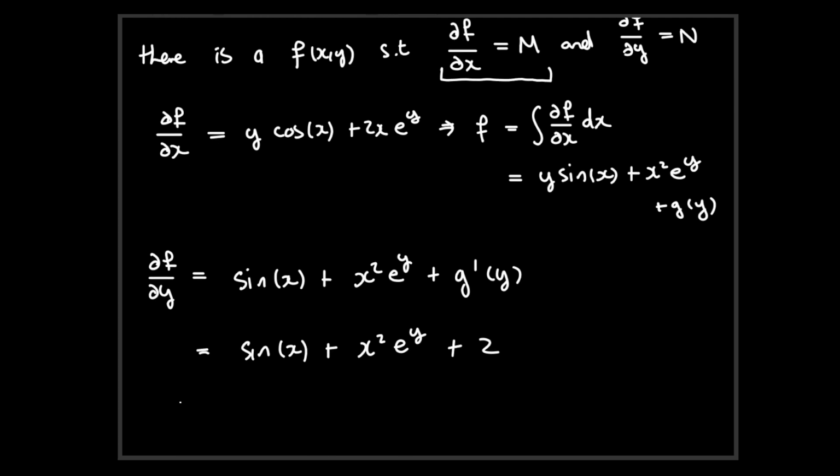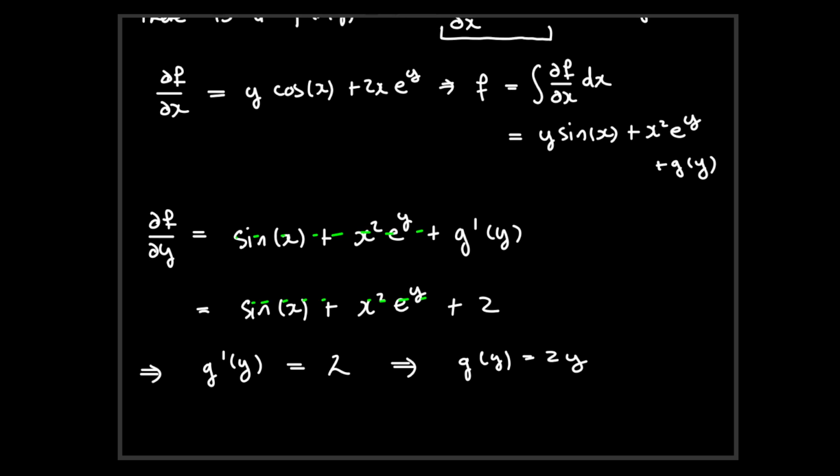And this allows us to say that g prime of y is just going to be equal to 2, because this here will cancel with this. Okay, good. And then we are allowed to integrate this function with respect to the variable y, and choose the simplest function that satisfies this equation here. And I'm sure you'll see that this is just going to be g of y equal to 2y.